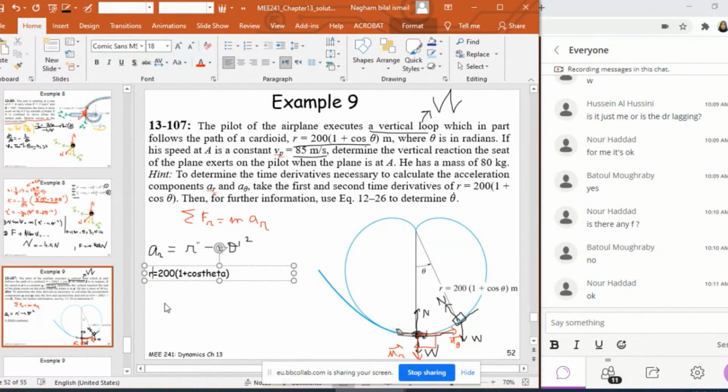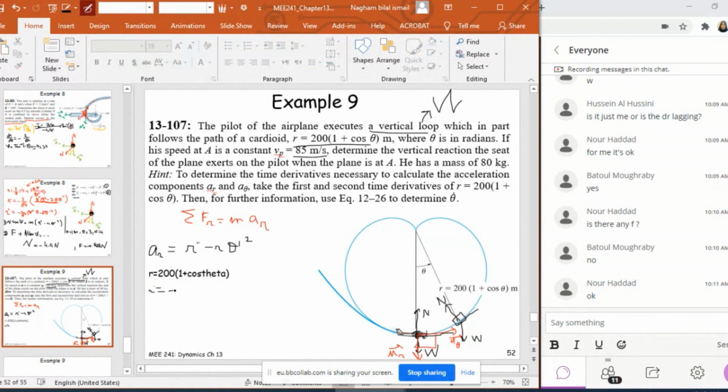So what will be R dot? Which means, guys, that R dot will be minus 200 theta dot sine theta. So don't forget, guys, theta dot, because this is the derivative of R with respect to time. It's not only with respect to theta, all right?